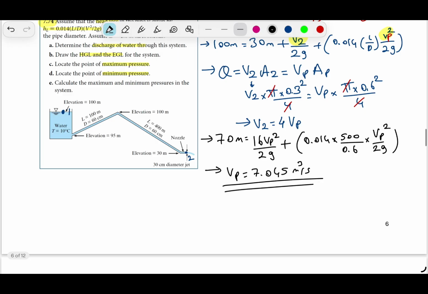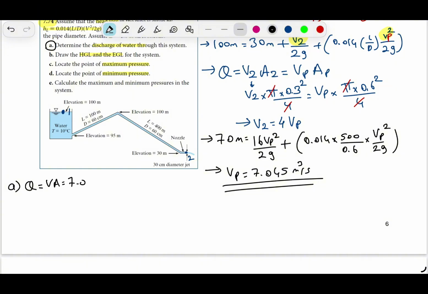We can actually solve A. So it says determine the discharge of water throughout the system. Since we already know the velocity and we already know the diameter, we can calculate flow rate using continuity equation.